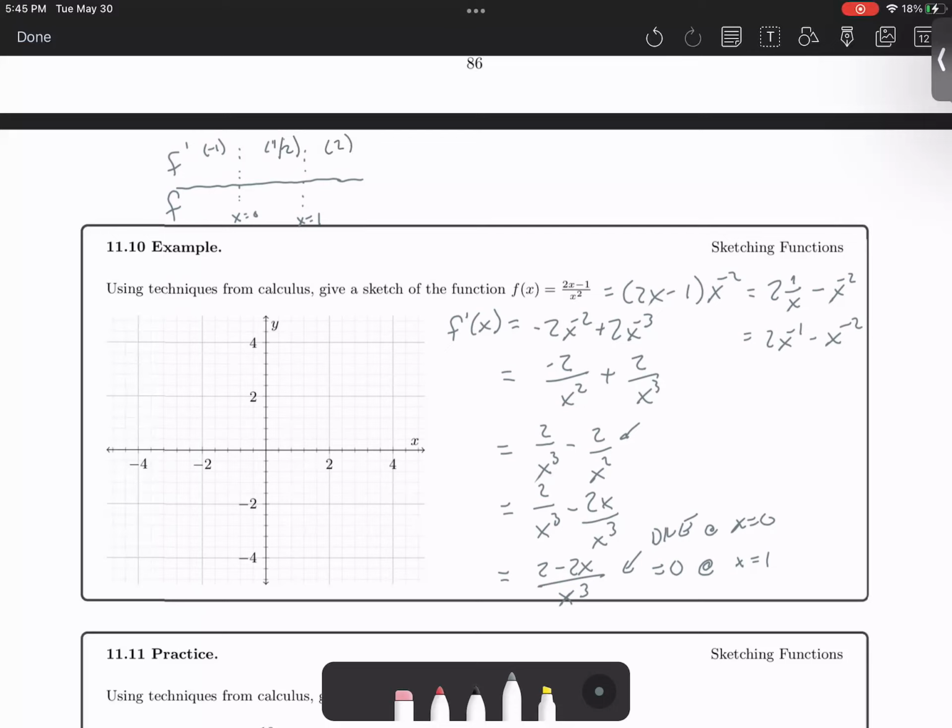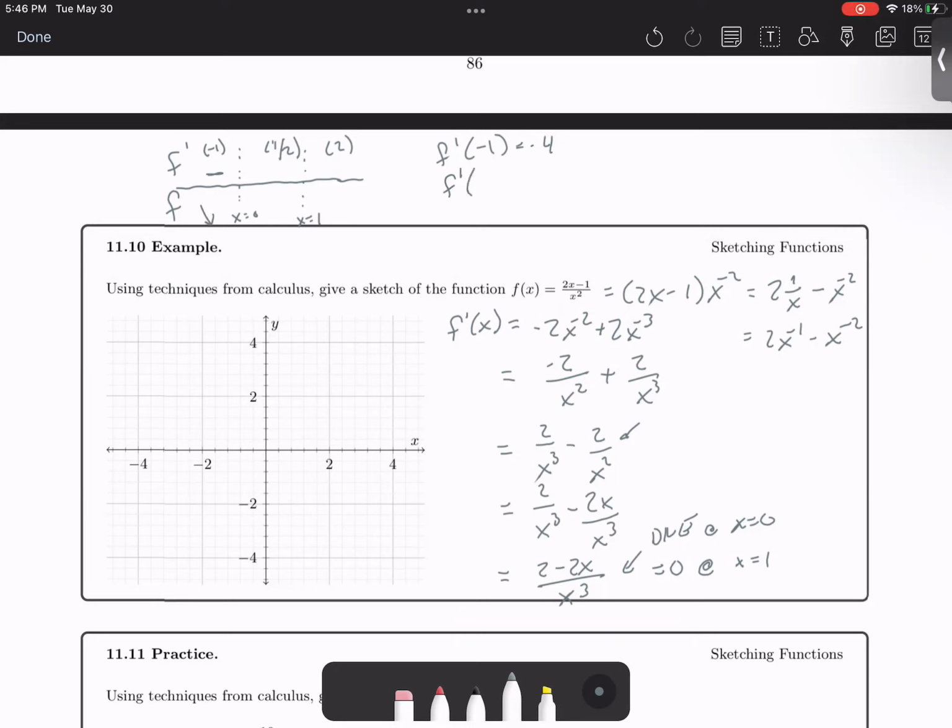So if we evaluate our first derivative at minus 1, we get a minus 4. So let's complete the table as we go. The first derivative at minus 1 is negative, so it's negative across that entire interval. So everything to the left of 0 is going to be decreasing.